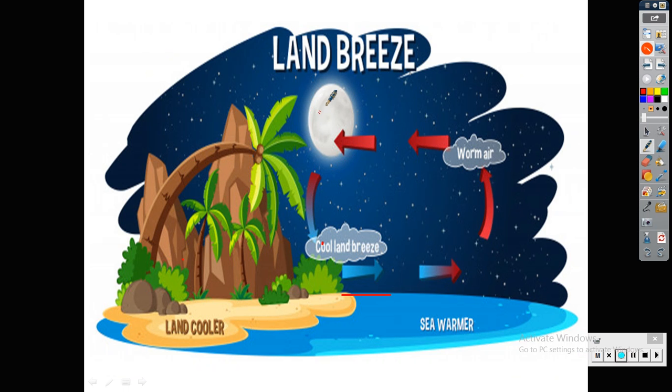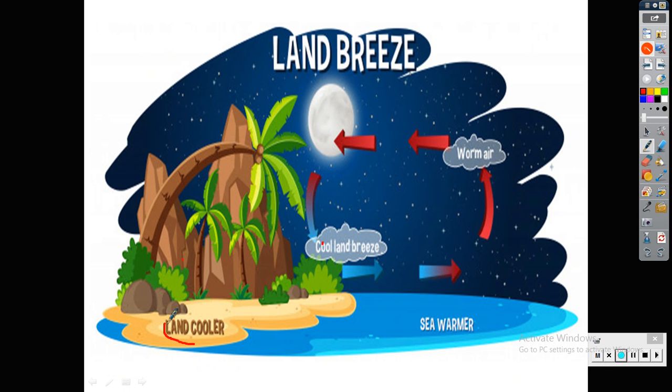So after the evening, the land starts to cool down, water also starts to cool down, but the land cools faster than the sea.